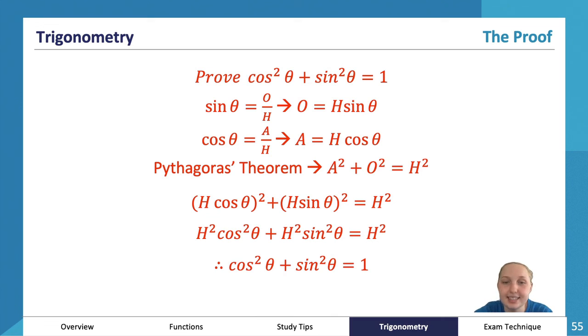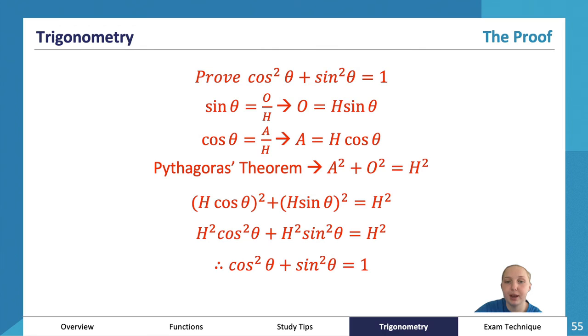our sine theta is equal to the opposite over the hypotenuse. So if we rearrange that, we can say our opposite side is equal to the hypotenuse times sine theta. Then if we've got cos theta, we have the adjacent over the hypotenuse. So we can say that the adjacent is equal to h cos theta, the hypotenuse times cos theta.